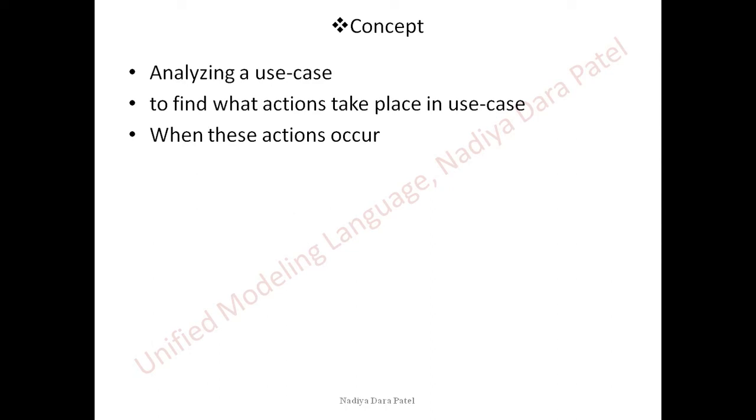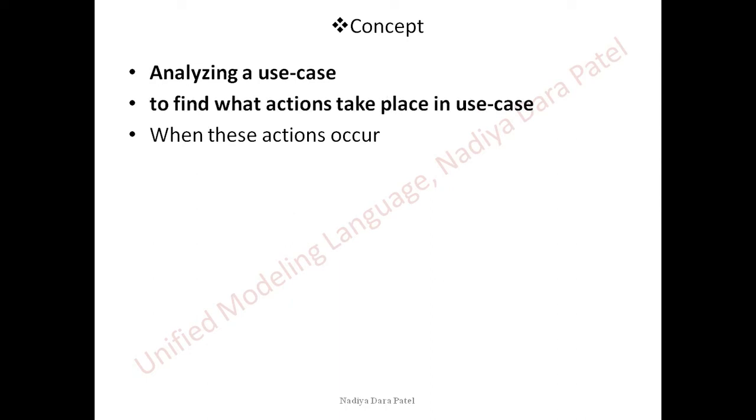Altogether it should be a detailed overview of the use case diagram, and then we will jump to the activity diagram. It is going to help us in analyzing a use case, in finding what actions take place in a use case and when these actions occur.